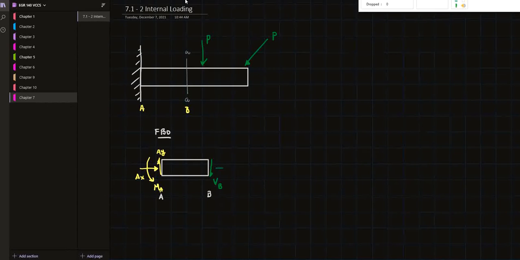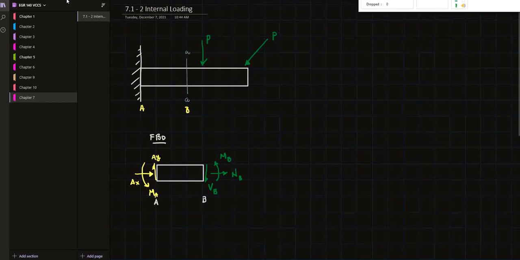We have a normal force, and we also have a moment here to counteract the other moment. Now, of course, some of these are not drawn in the correct direction, but I drew these this way because I want to represent those in the positive sense. And we'll talk about that in a second.